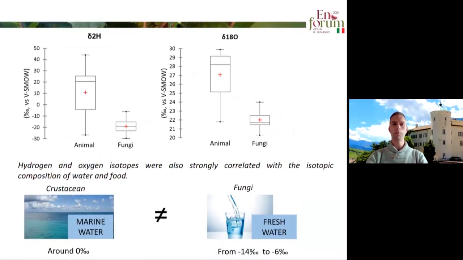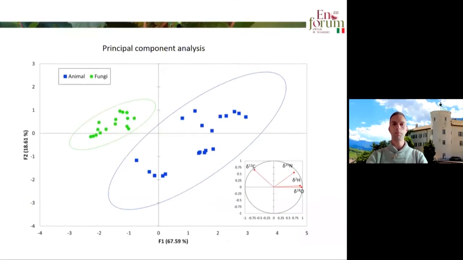The results confirmed this. So you see that the samples of fungi invariably have lower values of oxygen and deuterium when compared to the animal samples, because crustaceans are in ocean water, in sea water, and the value is different for them when compared to the groundwater, which is what we find in the fungal chitosan.